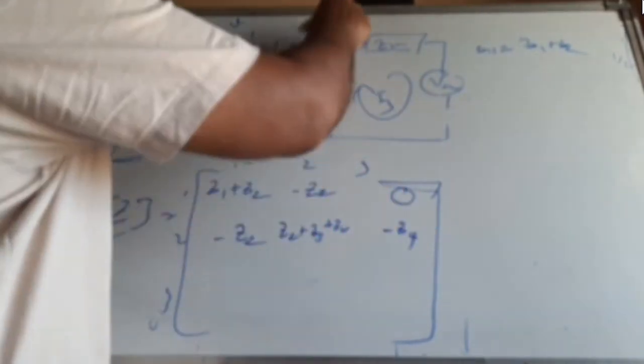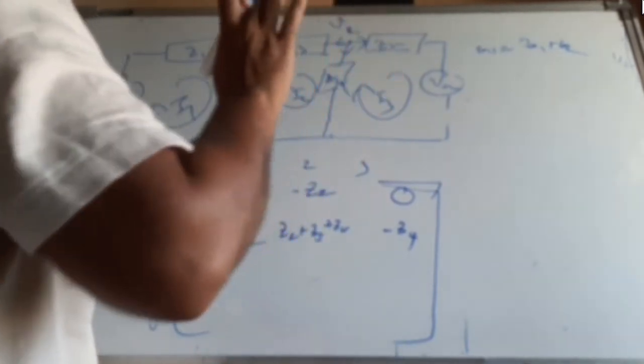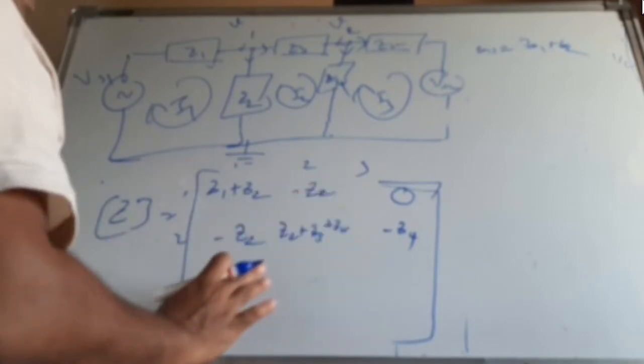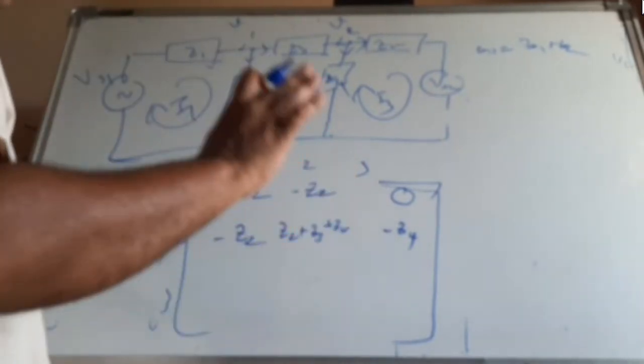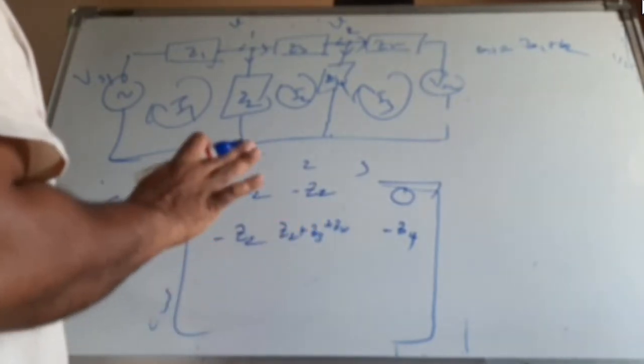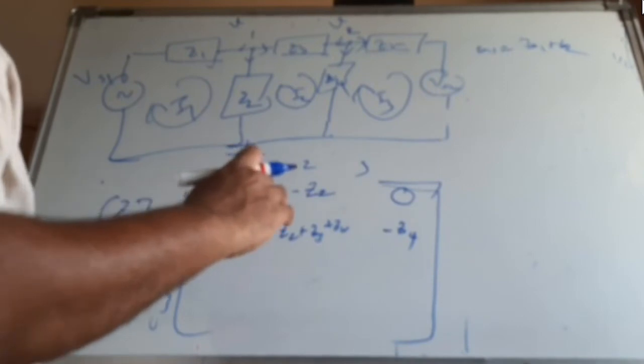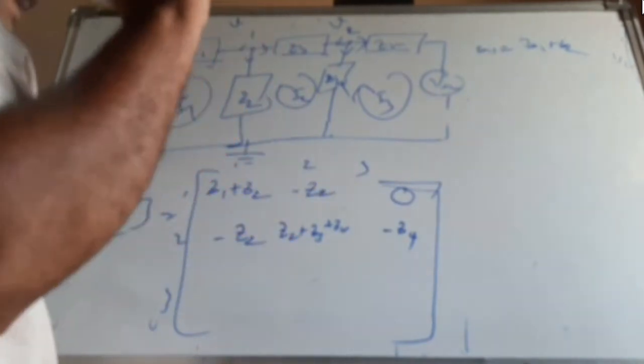Why minus? Because currents I2 and I3 are in opposite directions. Don't forget. The same concepts we used in DC circuits are used here, only now we are studying impedance.